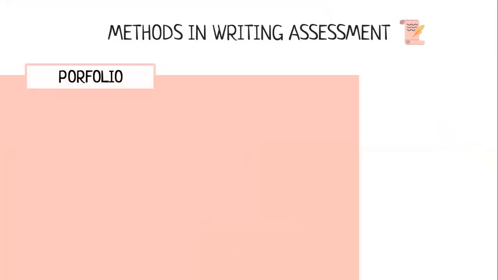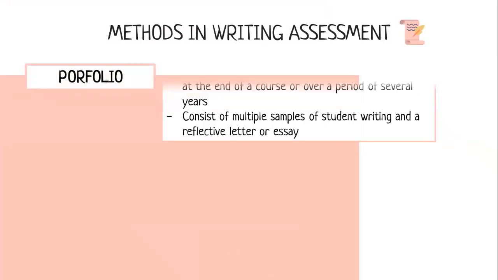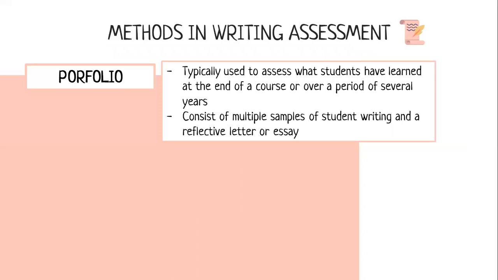About portfolio, portfolio assessment is typically used to assess what students have learned at the end of a course or over a period of several years. Course portfolios consist of multiple samples of student writing and a reflective letter or essay in which students describe their writing and work for the course.